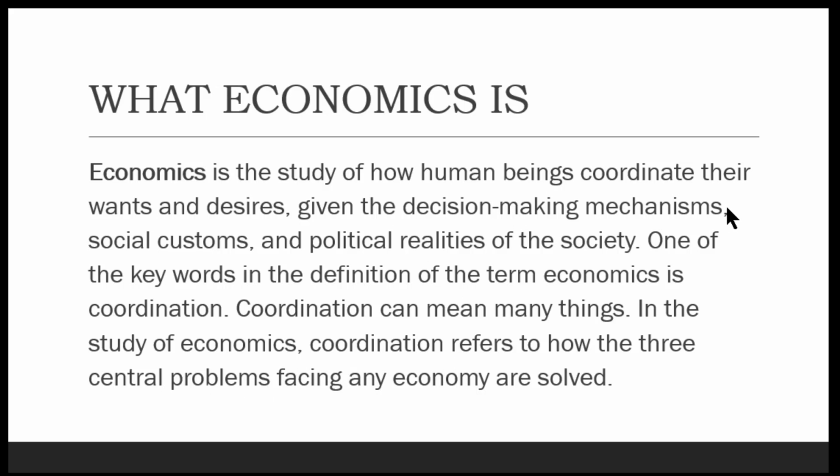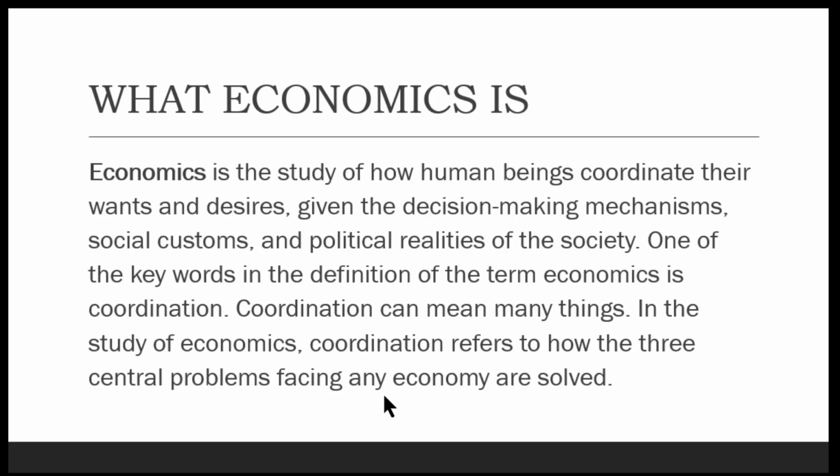In this definition, the author used the word coordination because you have to coordinate these wants and desires, the mechanism in decision making, and all the other factors that are present in the society. It is coordination also because we have to solve the three central problems facing any economy.